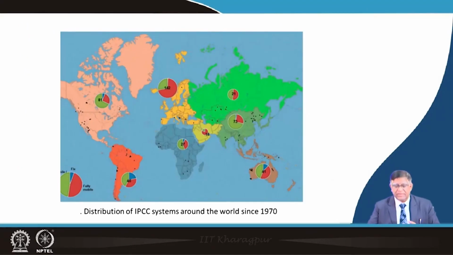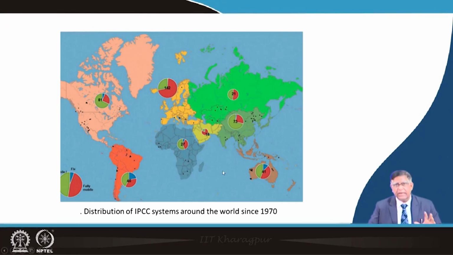So, these are the things, but over the years since 1960, 70, when this system came, you can see all over the world that in-pit crushing systems are being used in Australia, in China, in European countries, America, everywhere.